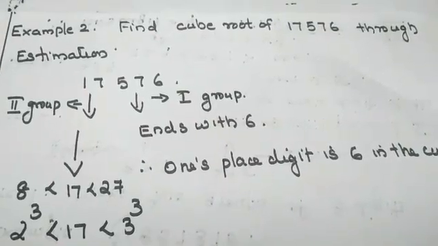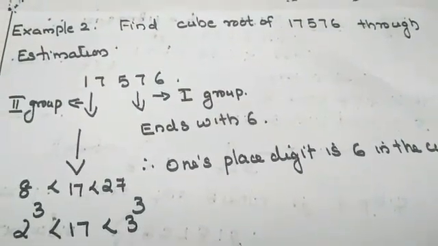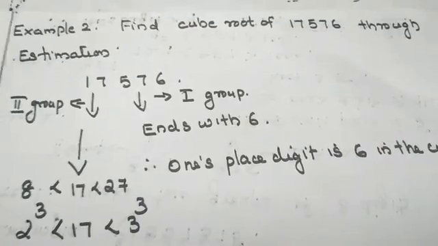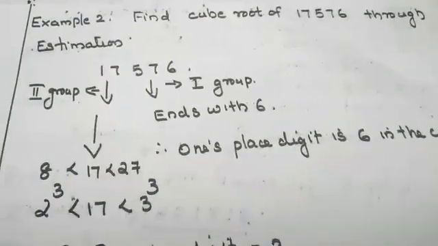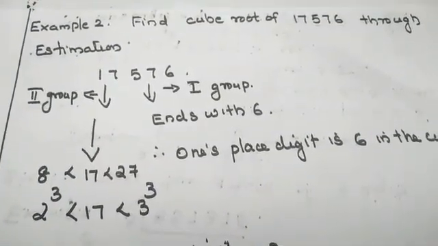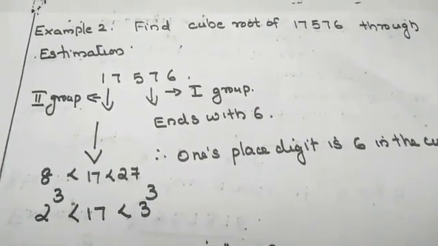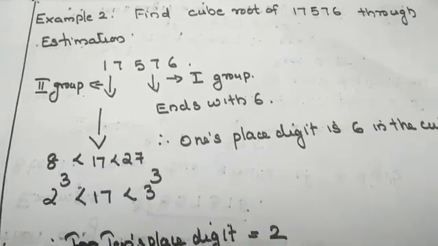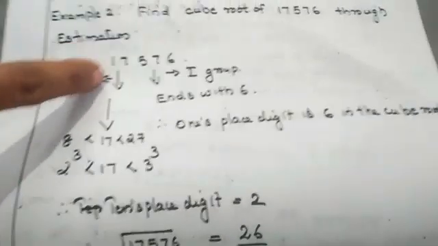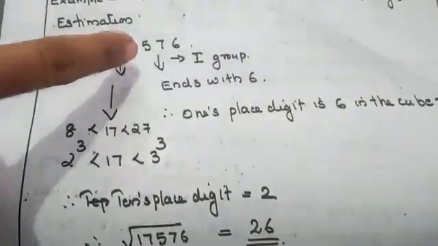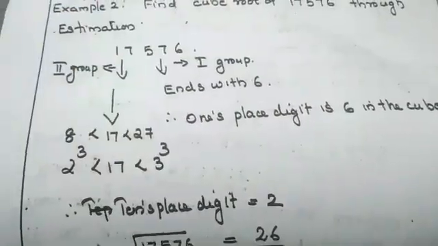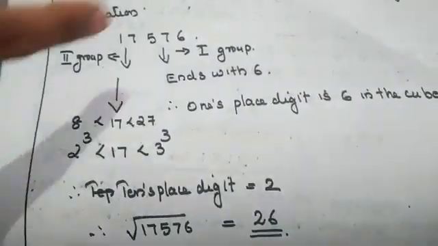Question. Find the cube root of 17576 through estimation. Here from the right, we group the digits in 3s. That means 576 is one group and 17 is the second group. So 576, what is the ones digit here? 6.